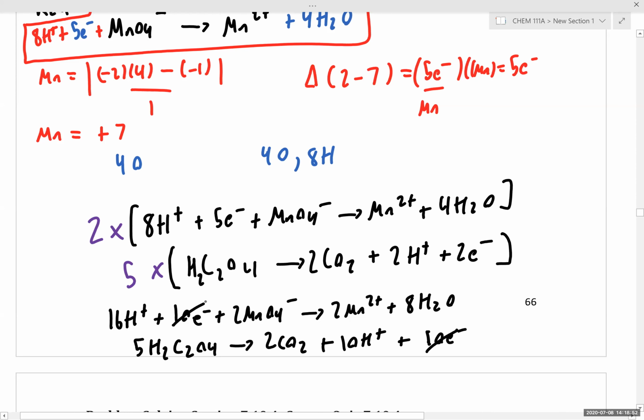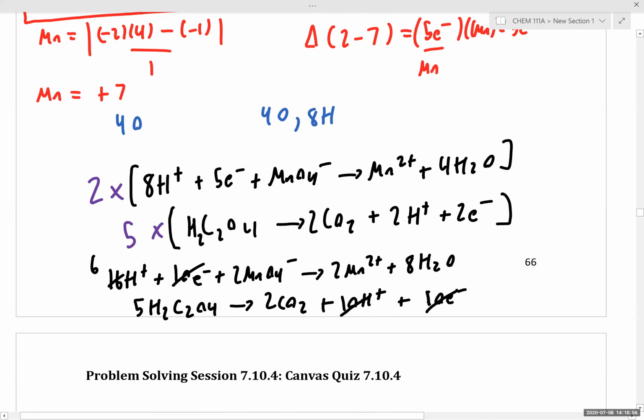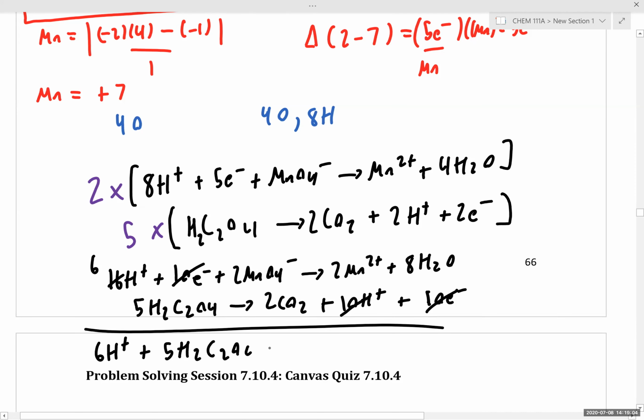The electrons cancel. We cancel 10 hydrogens on each side, and we're left with, as our final reaction, 6 H plus, 5 H2C2O4 leads to, oh, this should be a 10.